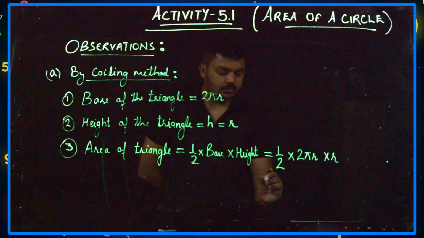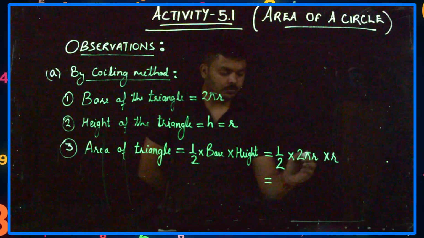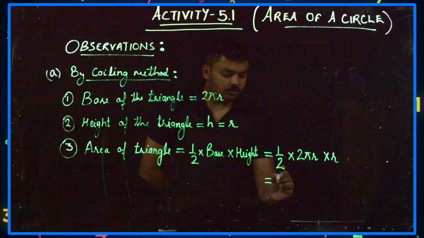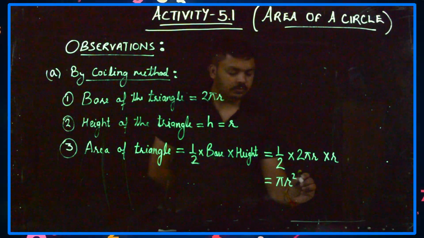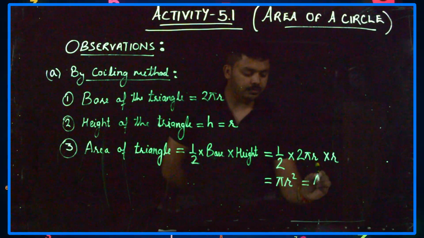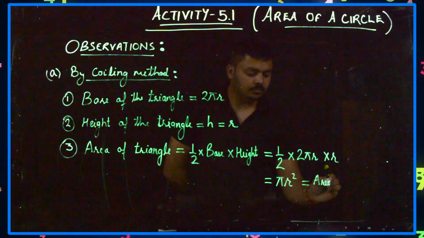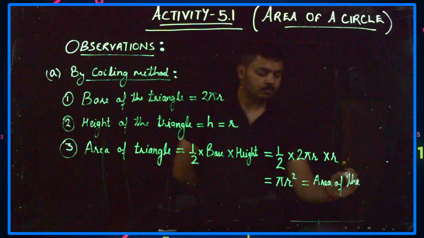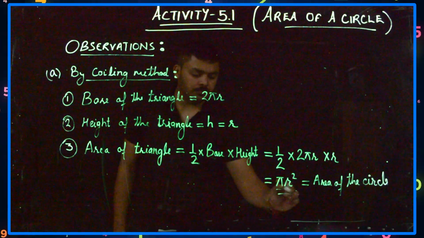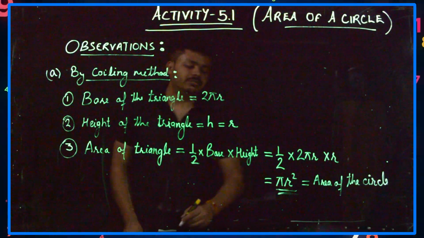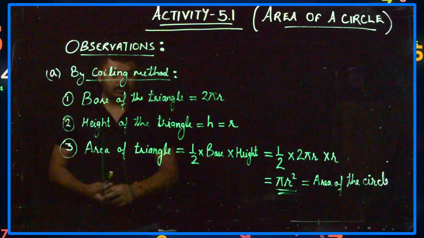So we get pi r square, which is equal to the area of the circle. So in this way, by the cutting method, we have proved that the area of the circle is pi r square.